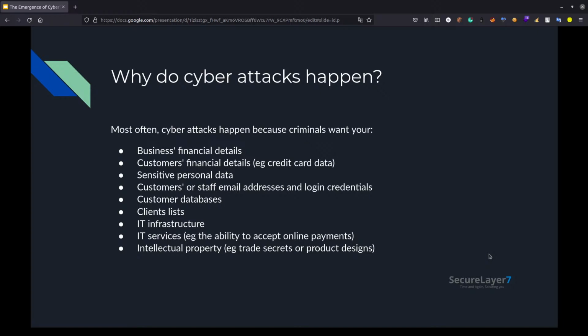Next, customer databases and client lists for rivals in business, IT infrastructure, and IT services, for example the ability to accept online payments, and intellectual property, for example trade secrets or product designs. So these are the reasons why cyber attacks happen on an organization.